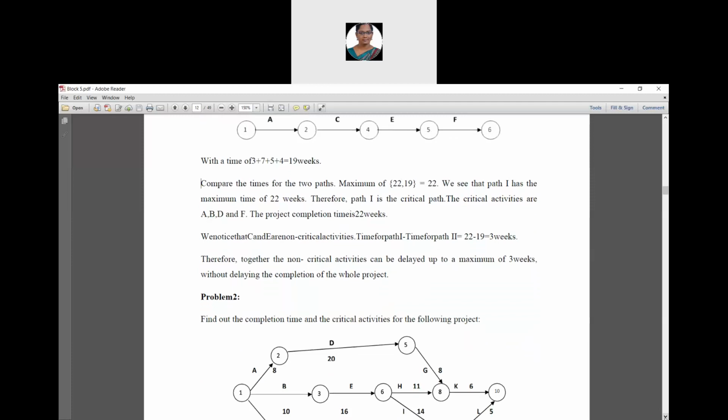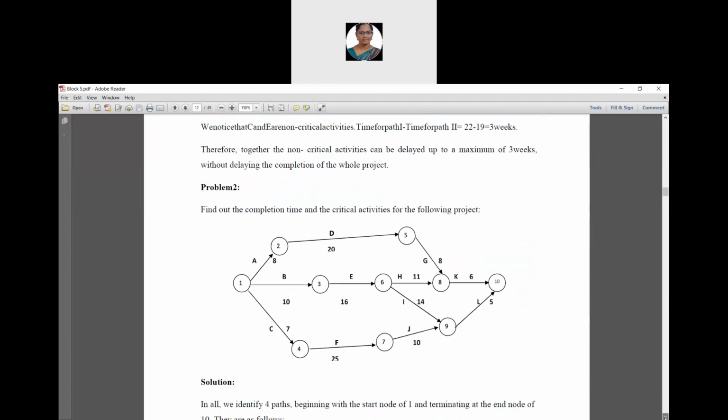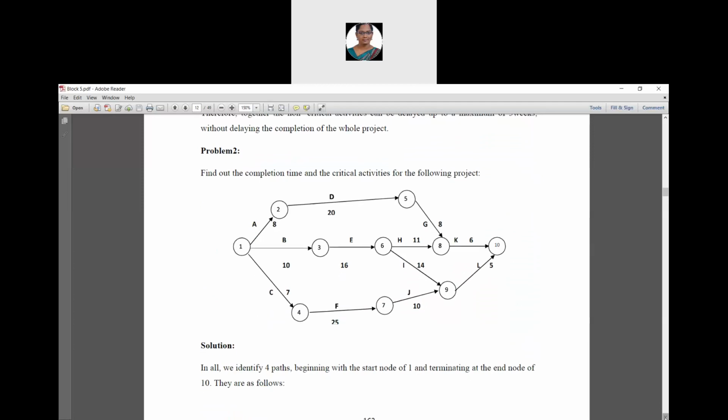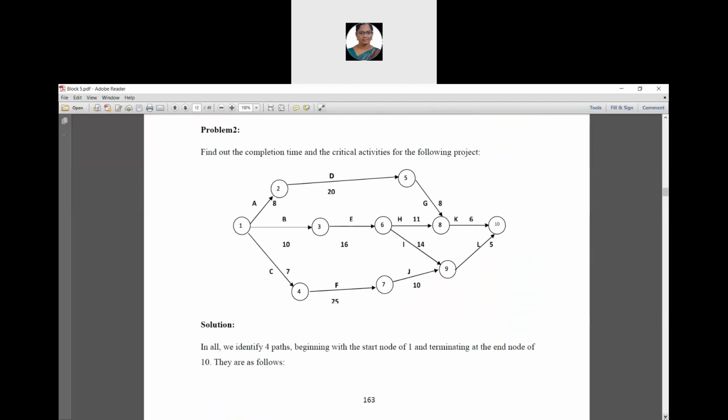Okay, see here, for example, problem number 2. Find out the completion time and the critical activities for the following project. Okay, they have given one project or network diagram.